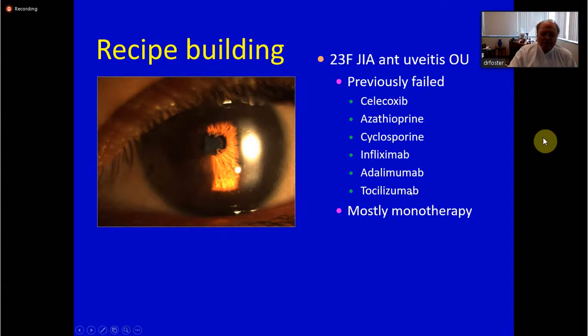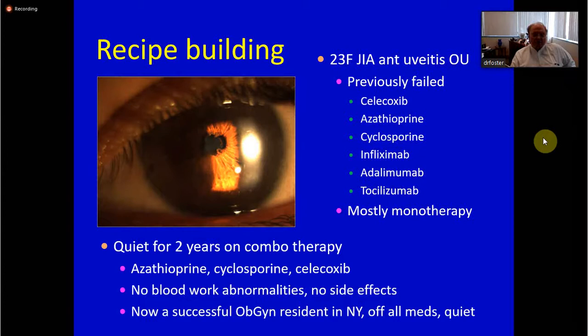So you can see that anterior uveitis may or may not be simple. It may require a polypharmacologic approach to bringing the problem into control, as it did in this patient. I kept this patient quiet for 2 years. She went on to become an OBGYN doctor in New York. She's been off medicine now for several years, still quiet.